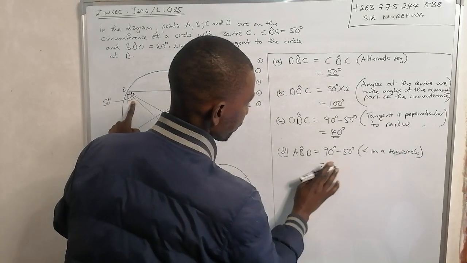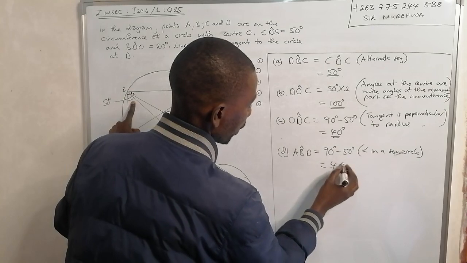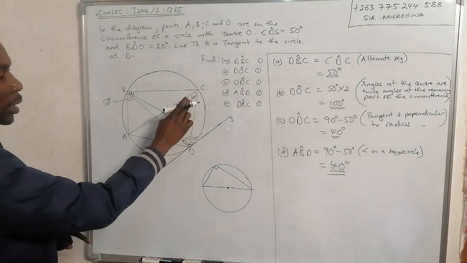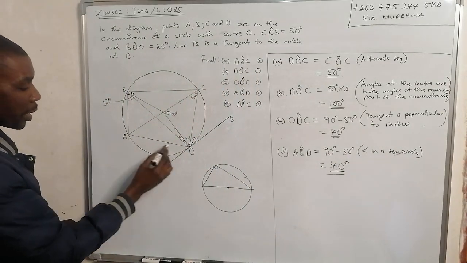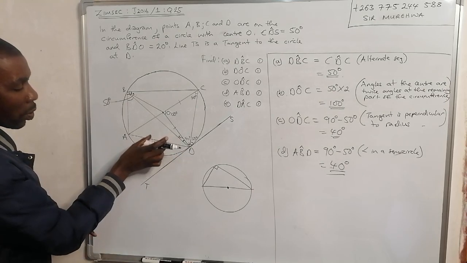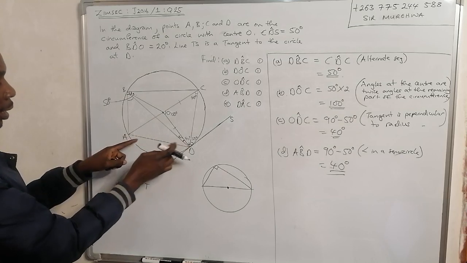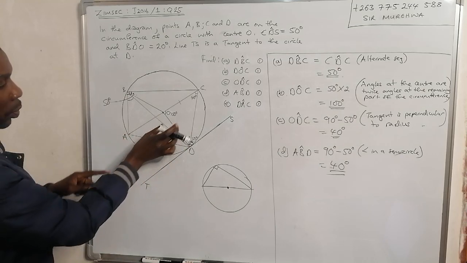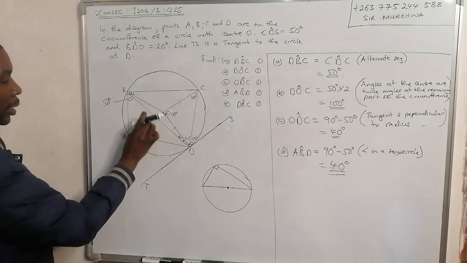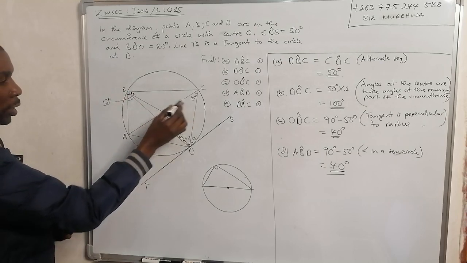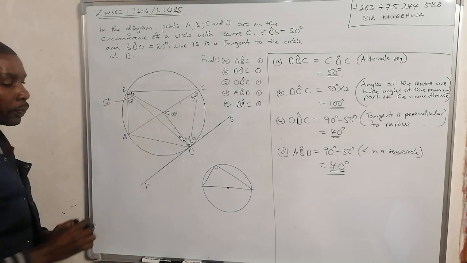That's 90 degrees minus 50, which is 40 degrees. Or we can simply say, since we have 40 degrees here, using base AD, angles in the same segment are equal. We are using AD subtending angles C and B, so 40 will be 40 here also.